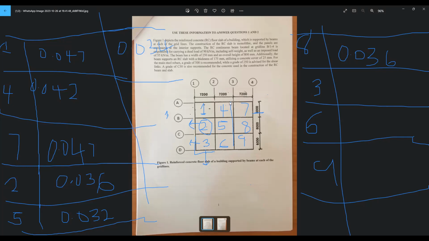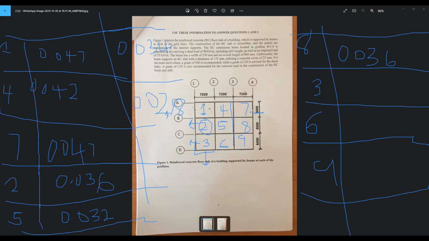Then we trace to the last box horizontally, and we will see that we have a value of 0.028 as the answer. So you just write 0.028 here, and that will be your answer. You are there. That's it.